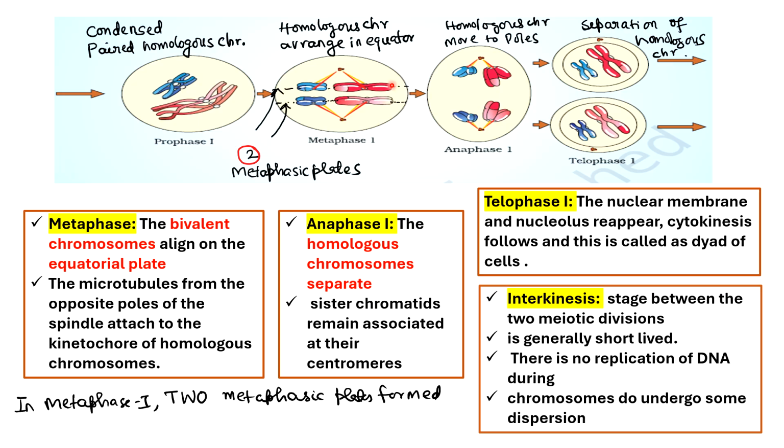So how many spindle fibers will we get? If we have 46 chromosomes, 23 will be attached to 23 spindle fibers on one side of the plate, and another 23 will be attached to another 23 spindle fibers. So a total of 46 spindle fibers will be present, right?